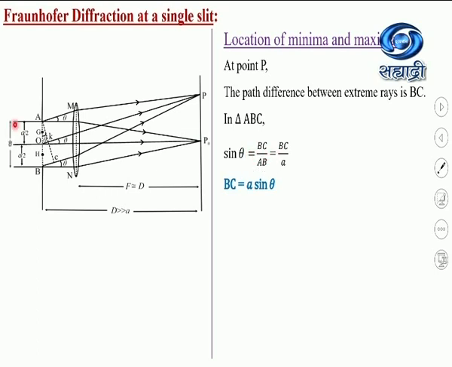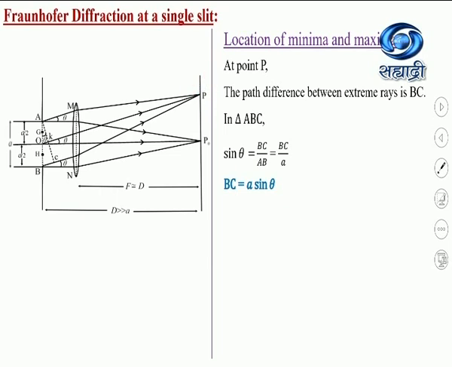The width of the slit is small a, and therefore sine theta becomes equal to BC upon small a. So BC is equal to a sine theta. That means the path difference between the extreme rays AP and BP is a sine theta when these two rays arrive at point P on the screen.